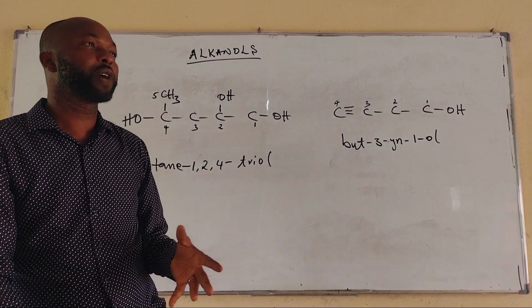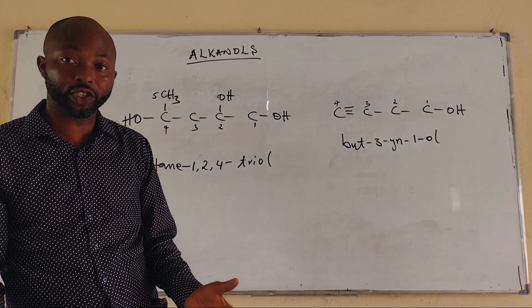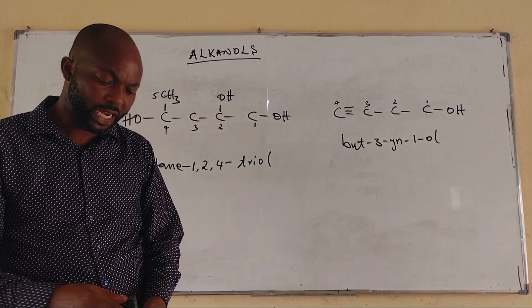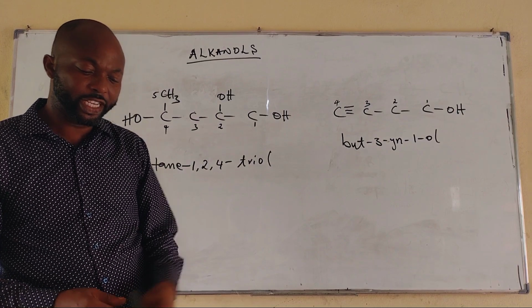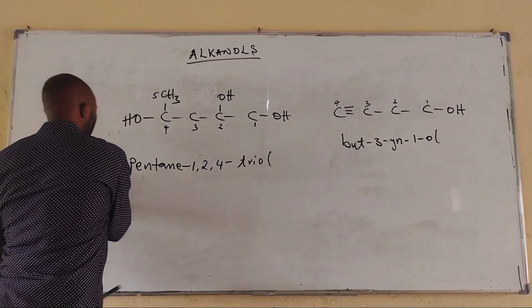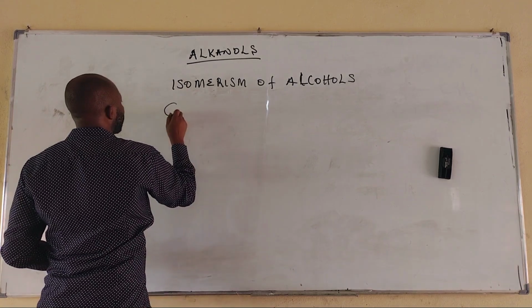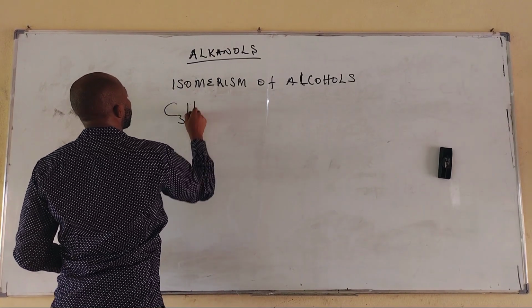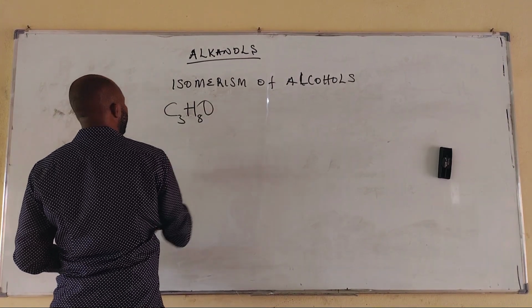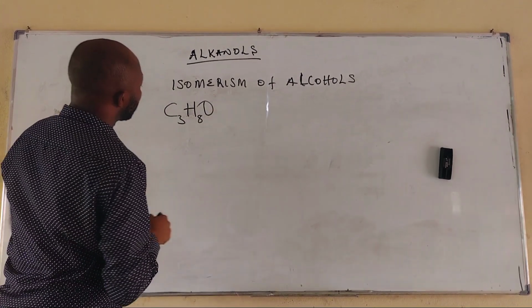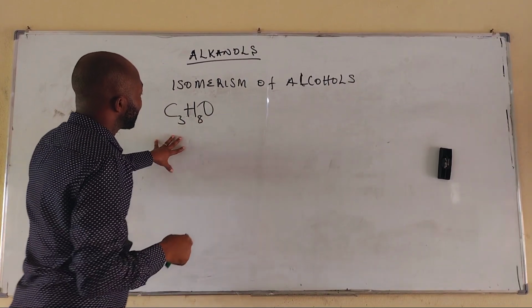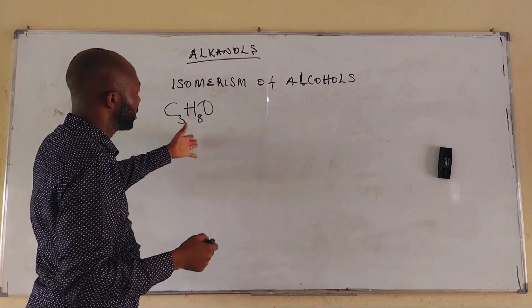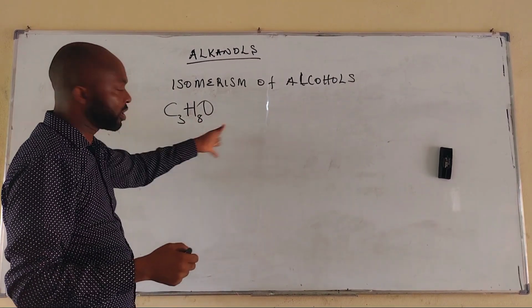So let's take an example: C3H8O. We have this as our molecular formula. Let's see how we can write it to have two structural arrangements.